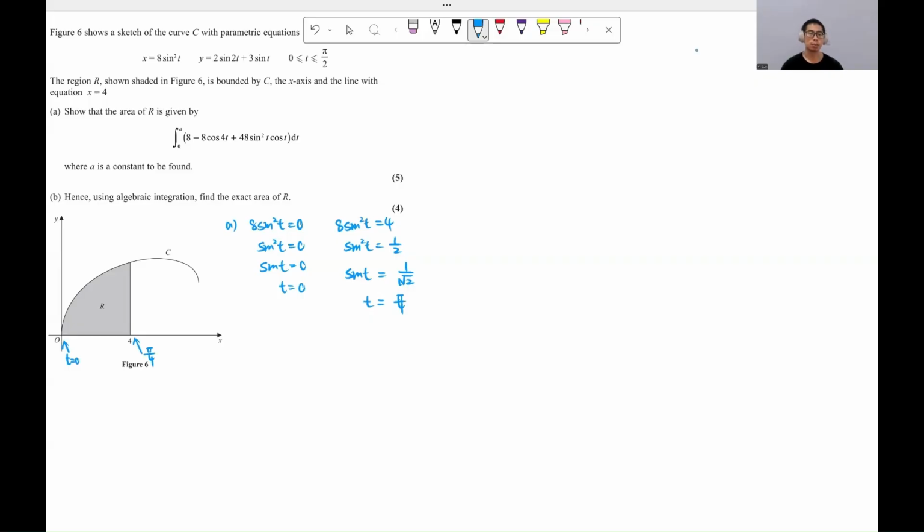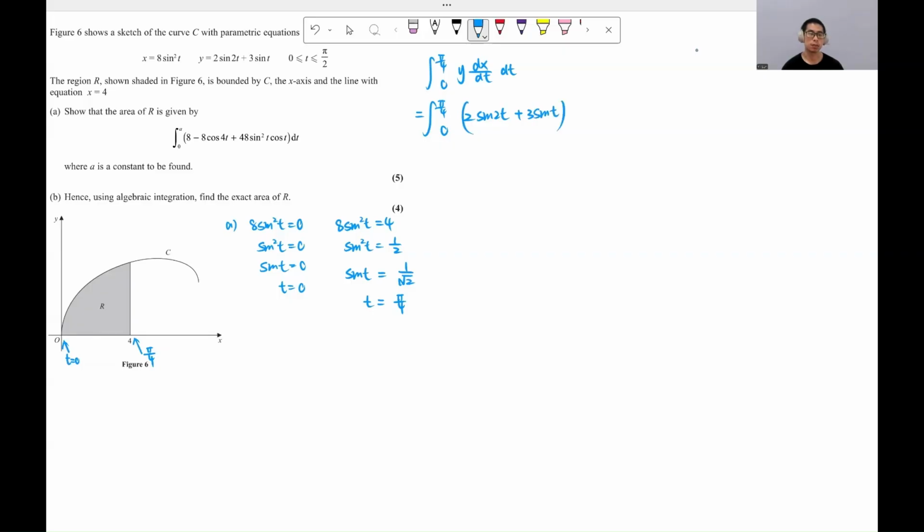So then to set up the integral, we can just do pi over 4 on top, 0 at the bottom, and then the formula is y times dx over dt, times dt. So we know what y is, which is 2 sine 2t plus 3 sine t.